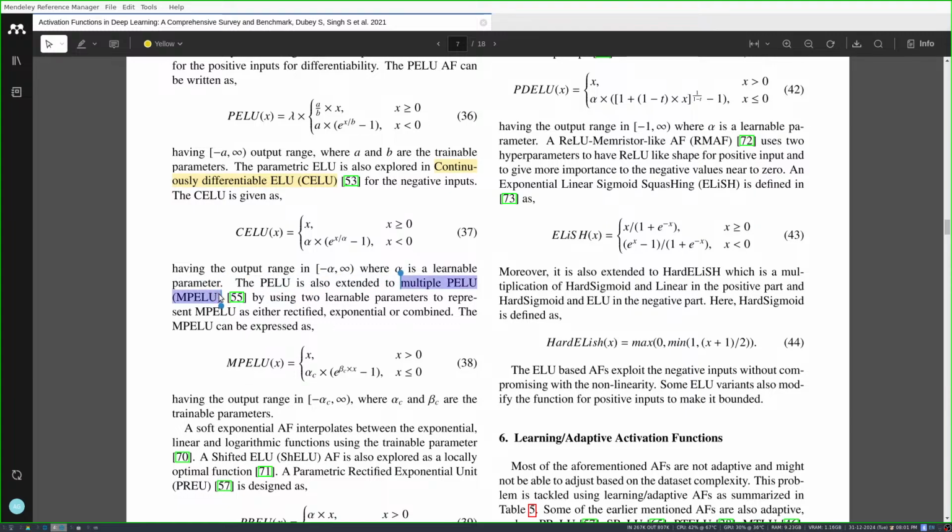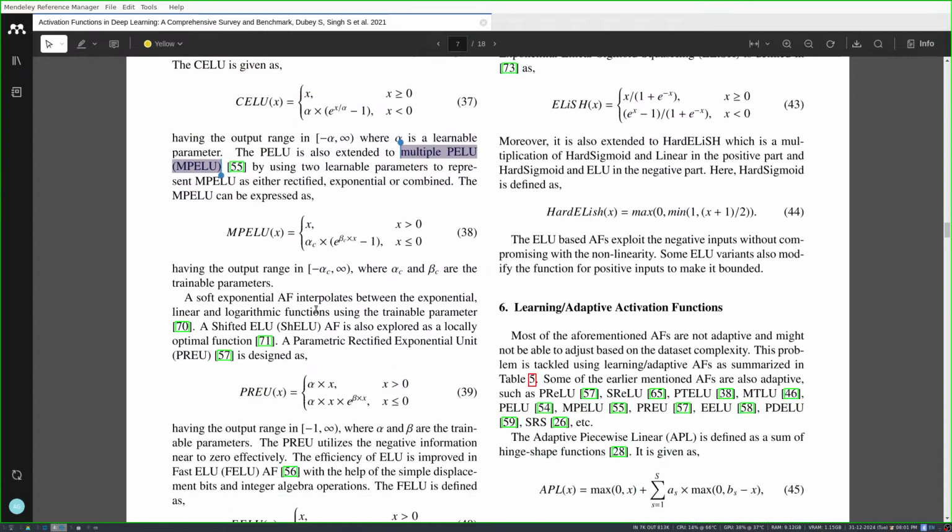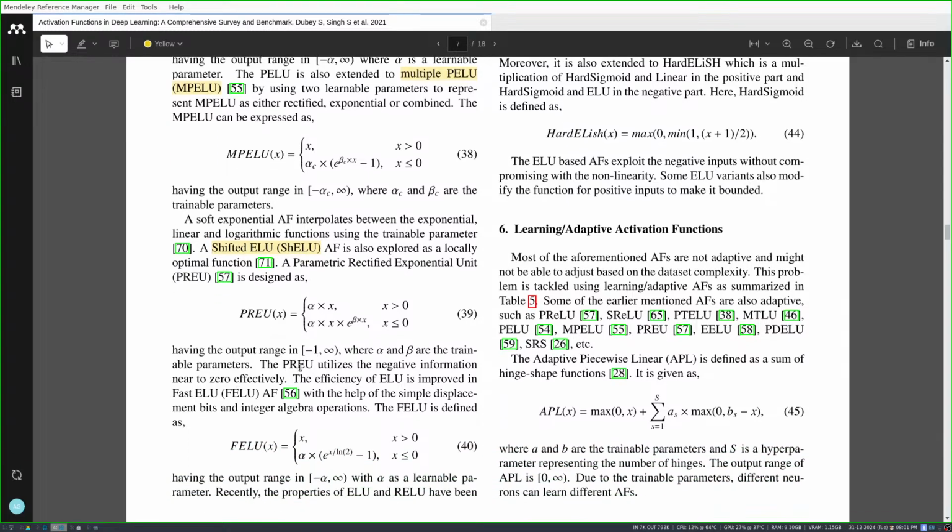Multiple ELU. Interesting. The same thing with slight modification. Soft exponential. Shifted ELU. So we have parametric functions.